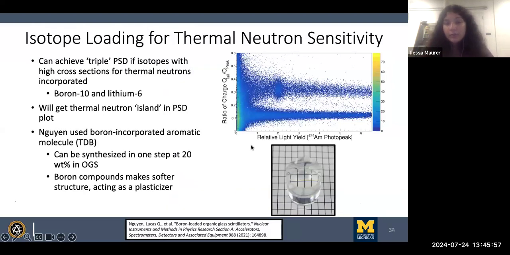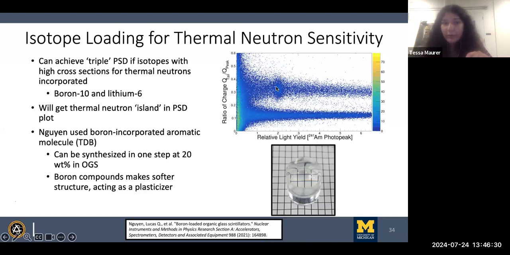You could also load isotopes for something we call triple PSD. Triple PSD refers to sensitivity to not only fast neutrons, but thermal neutrons. As it stands, the cross sections for thermal neutrons with just the hydrogen and carbon in the samples is pretty low. But if we put in an isotope like boron-10 or lithium-6, that'll increase our sensitivity to thermal neutrons, and we'll get this island you see in the top band on this PSD plot.